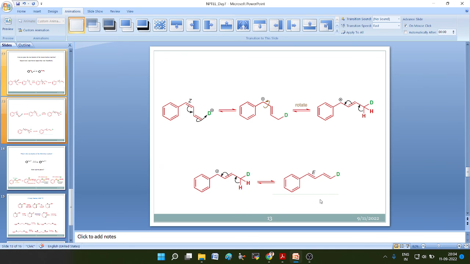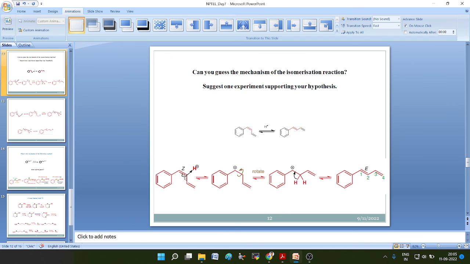I would say that the stability of the carbocation may be the one factor. See, when you attack with the middle pi electron, the carbocation which is formed is benzylic, meaning that only the phenyl is stabilizing the plus charge here.